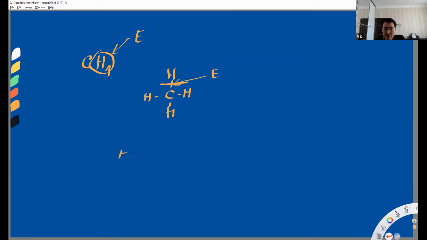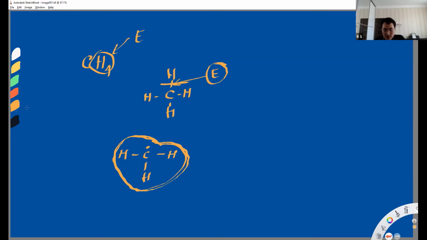So now we have CH3 and one unpaired electron here. Whenever we have one unpaired electron with high energy, because this energy was applied to it too, this molecule becomes very active. That's why it's called a radical. This molecule will try to find an electron to stabilize itself.